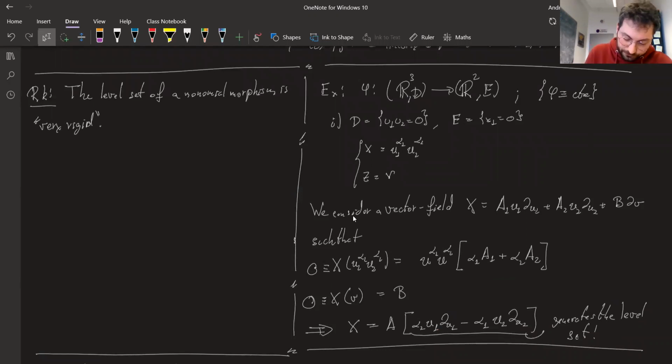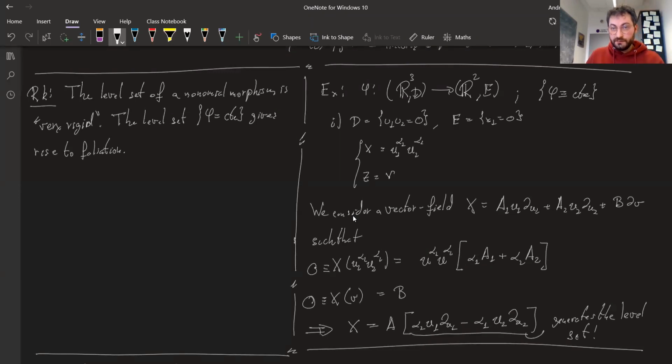So the level set phi equals constant gives rise to a foliation, and we describe this foliation via its vector fields. It is one of the definitions in algebraic geometry.